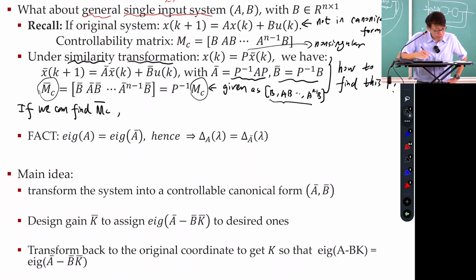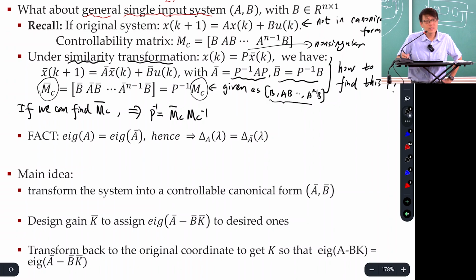So if we can find MC bar, then P would be MC bar times MC inverse. Oh, sorry, that's wrong. P inverse is that. Because A and B are controllable, MC is non-singular.